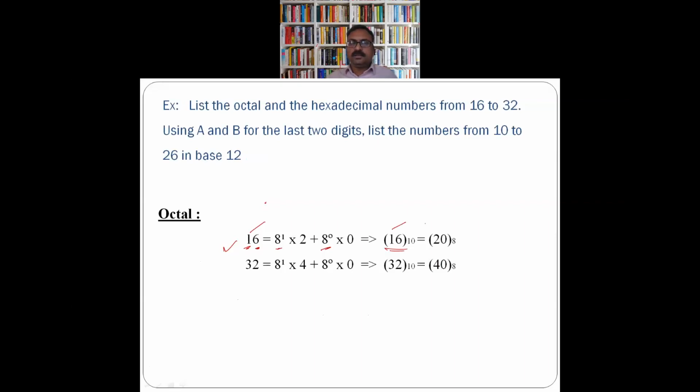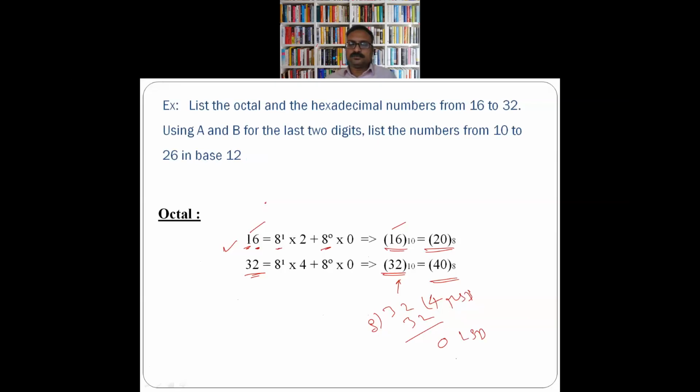You will get 16 in decimal, which is equal to 20 in octal. Now 32, a decimal number, convert into base 8. How to convert? Divide 32 by 8, 8 fours are 32, remainder 0. So this is the LSB, this is the MSB.